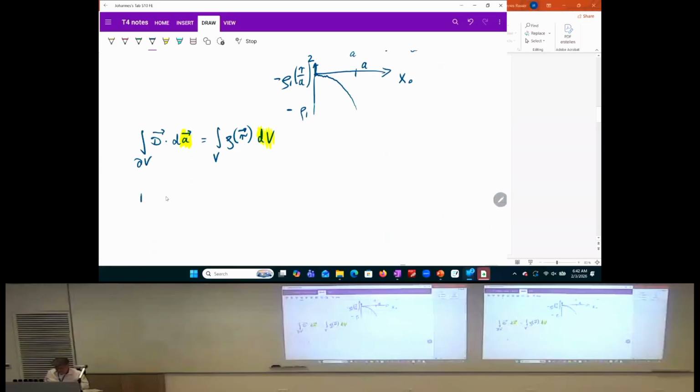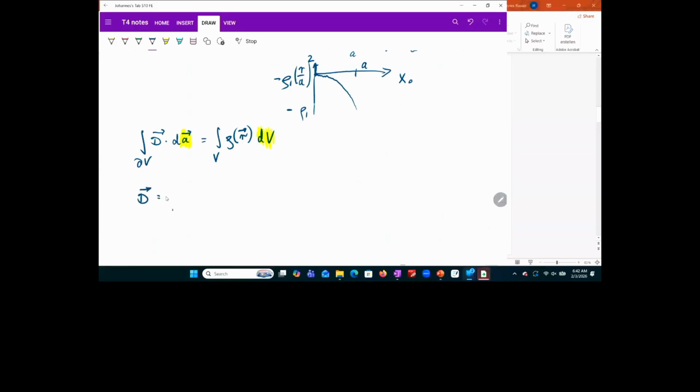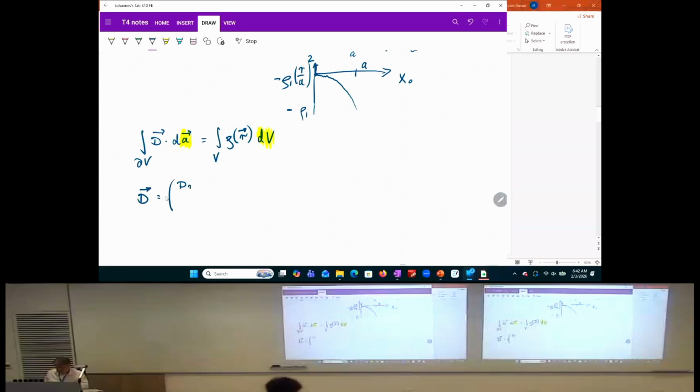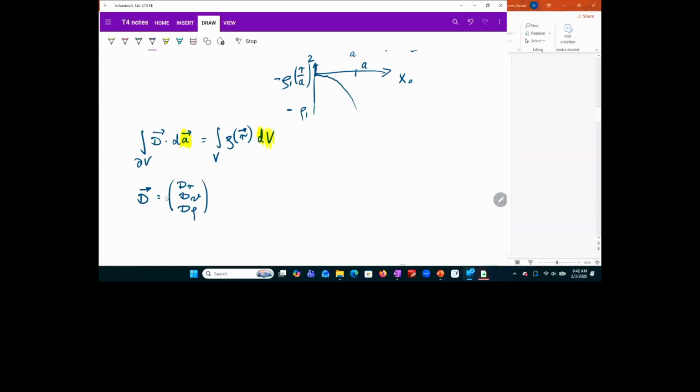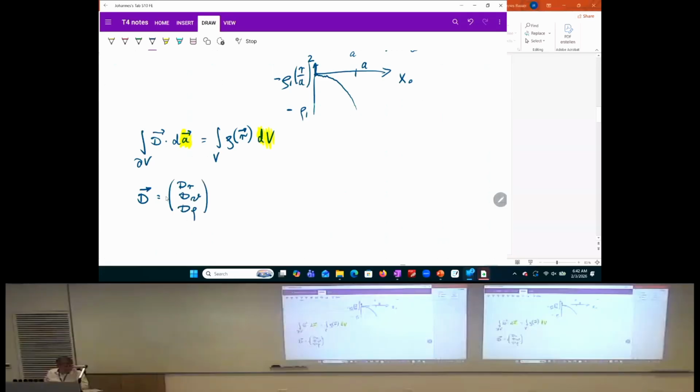Our displacement field has a component potentially in r direction, in theta direction, and in phi direction. However, in this example, you see that the charge density has only a variation in radial direction, and therefore we have a spherical symmetry.